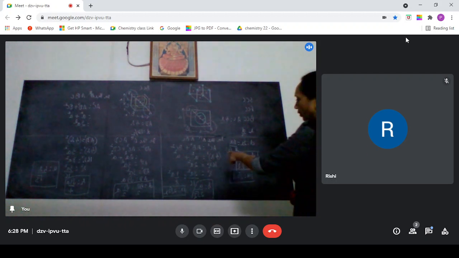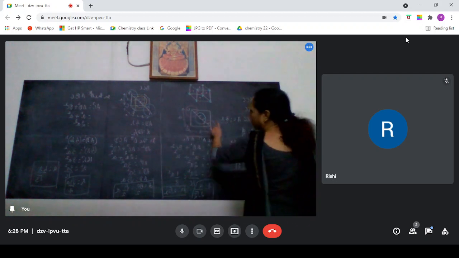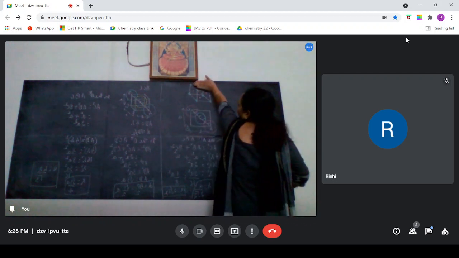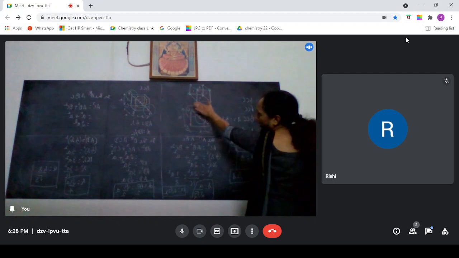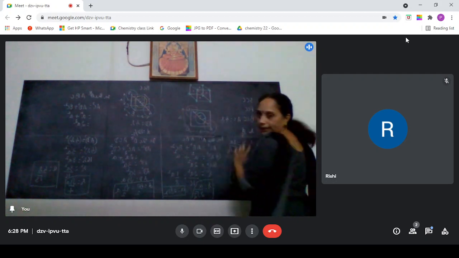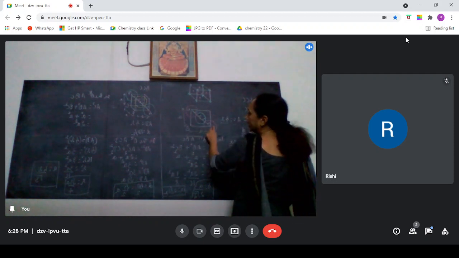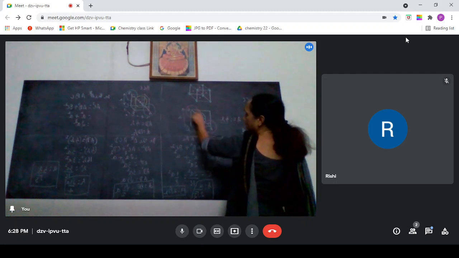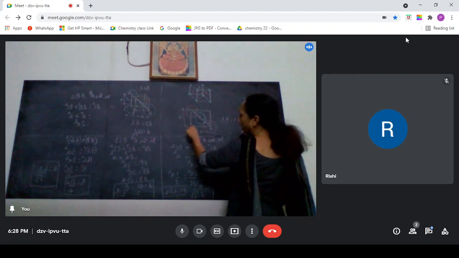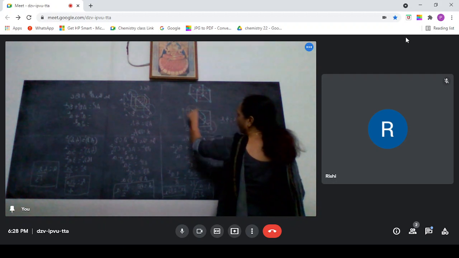So for face centered, you just take one face only. You take one face, join the particles and consider the triangle ABC. AC square is equal to AB square plus BC square.